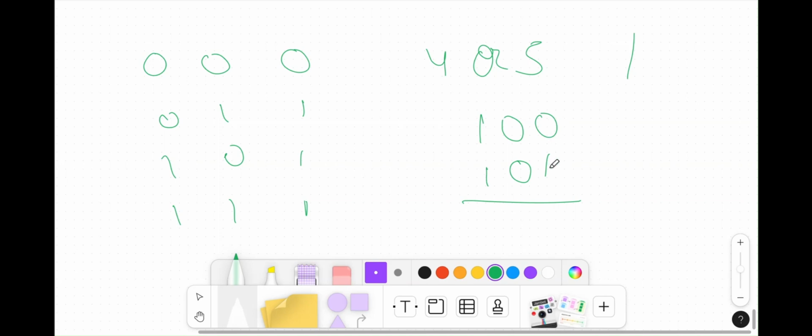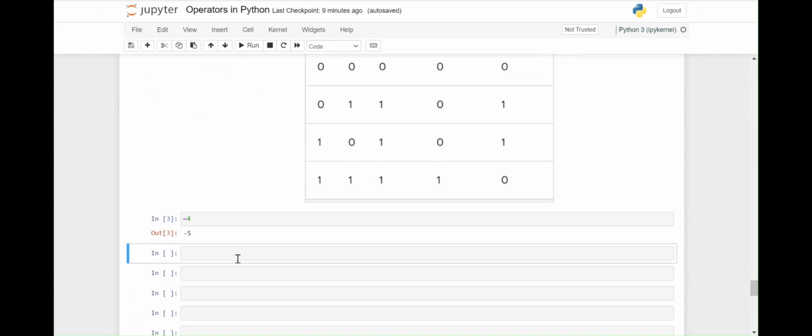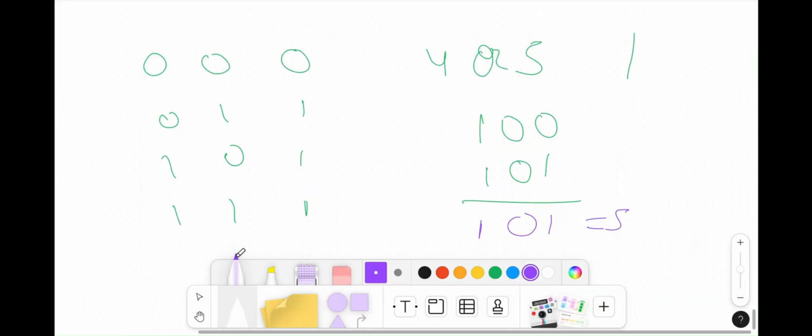So 0 and 1, seeing the table here, 0 and 1 is 1. 0 and 0 is 0. 1 and 1 is 1. So it should return what? 5. Let's just see if we are correct. We simply have to look at the truth table and do the calculations accordingly.